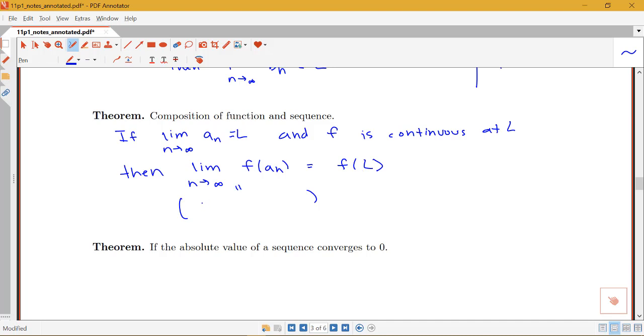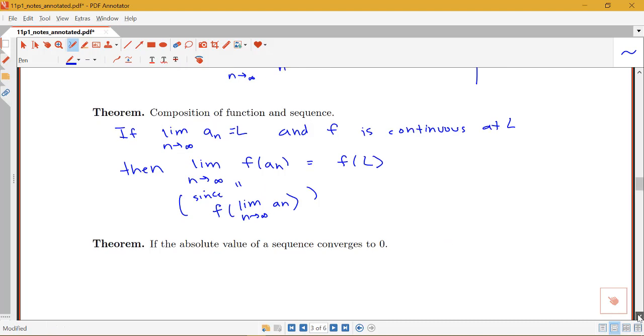The idea is that we would be looking at f of the limit as n goes to infinity of an. So we can pull that limit notation inside as long as our function is defined at what that number comes out to be.